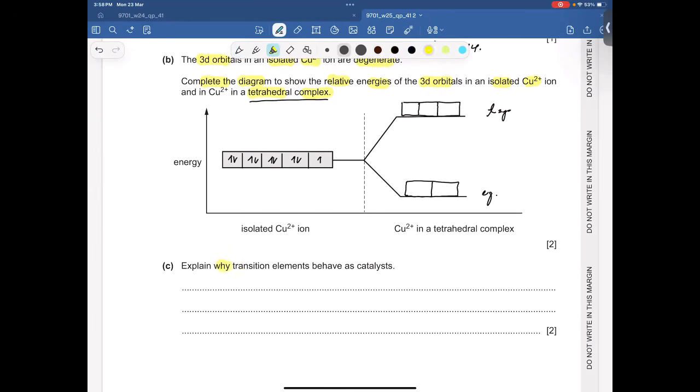Why do transition elements behave as a catalyst? Because of the variable oxidation state.